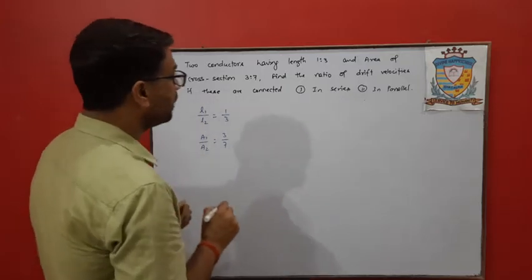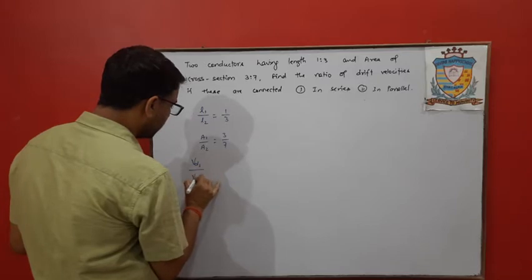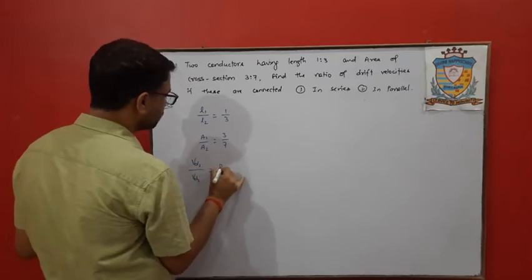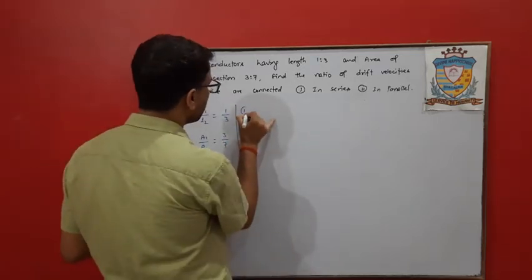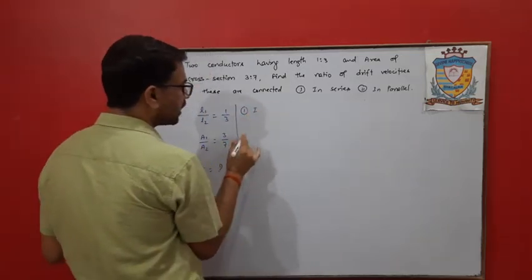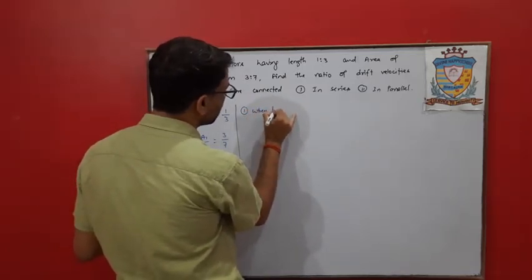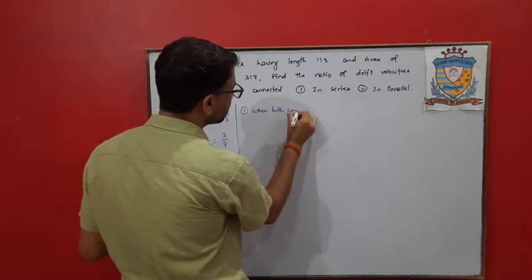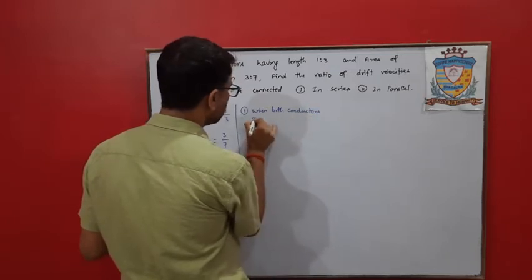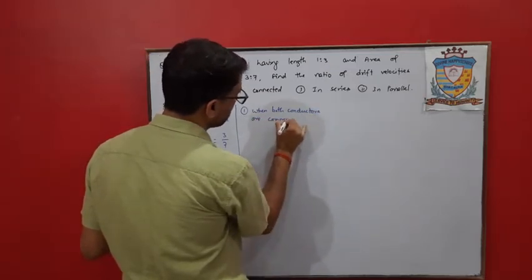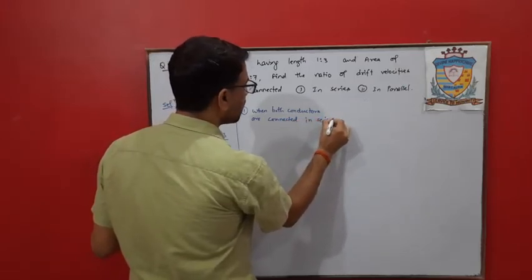Find the ratio of drift velocity, that means we have to find Vd1 upon Vd2. Clear? So first we will discuss the first case when both conductors are connected in series.